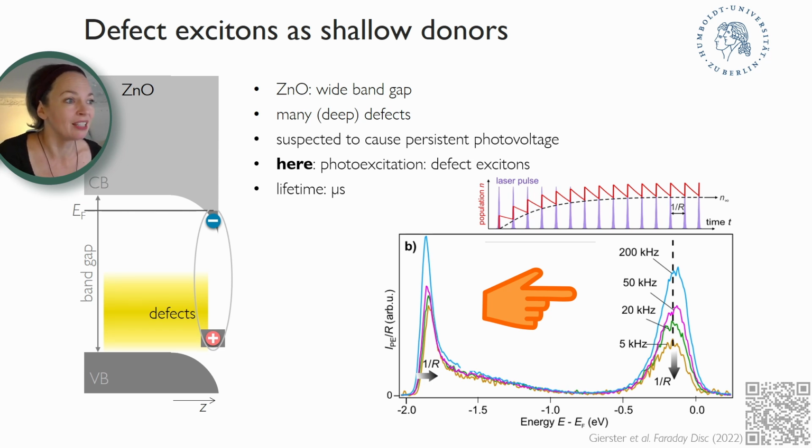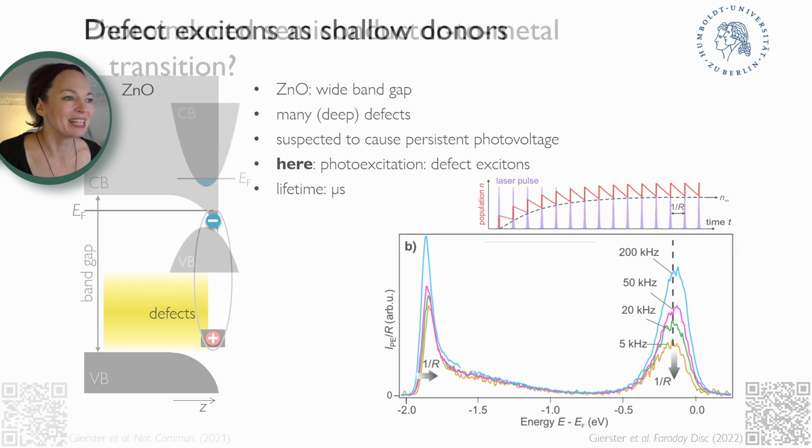And what you can see here is that the intensity of this defect exciton signature depends on the repetition rate of our laser system, which means that the lifetime of these defect excitons must exceed the inverse repetition rate of our laser system, which is, for example, for 200 kilohertz, 5 microseconds. So we must have lifetimes on the order of microseconds for these defect excitons.